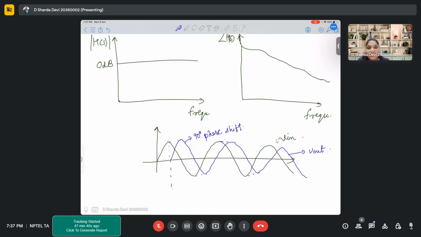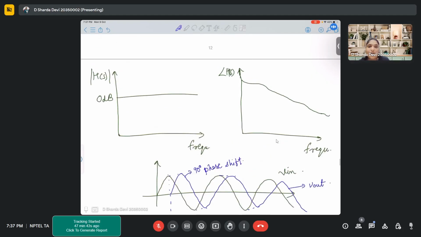Can you see that? This type of behavior is shown by a filter known as an all-pass filter.